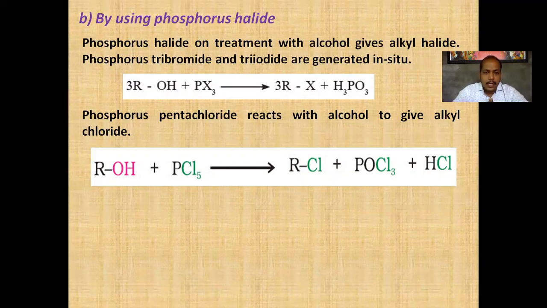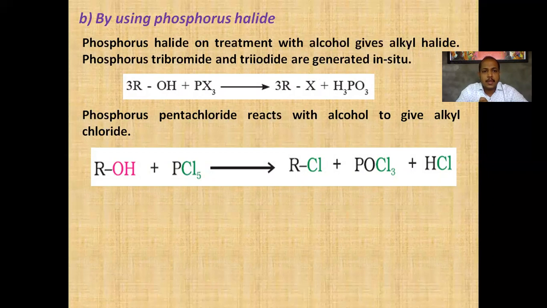Here phosphorus tribromide and triiodide are used, and here also, as in the last method, phosphorus tribromide and triiodide are generated in situ in the reaction mixture.